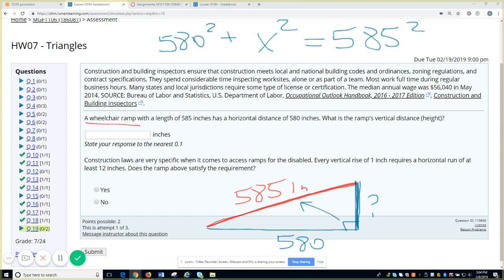So 580 squared gives us this. And then 585 squared gives us this. All right, so now I'm going to subtract from both sides.